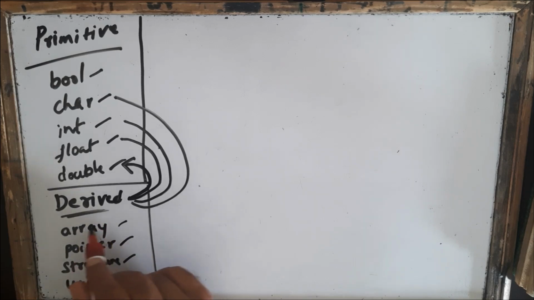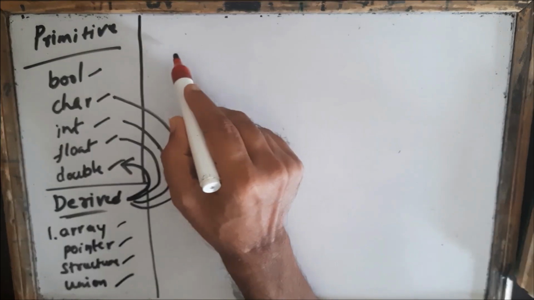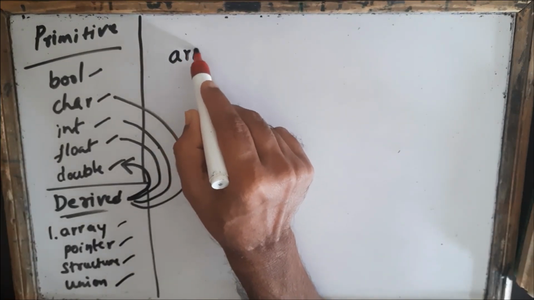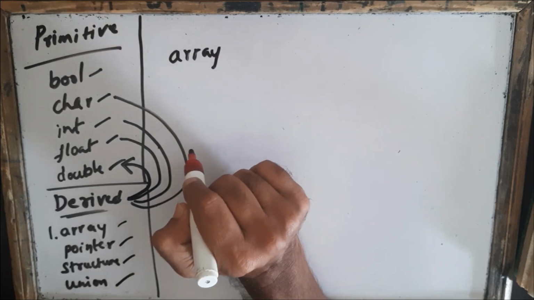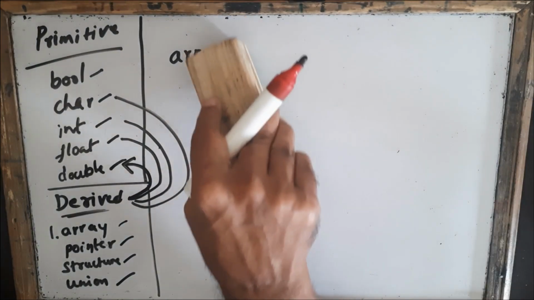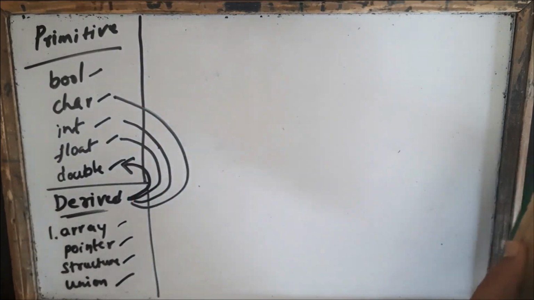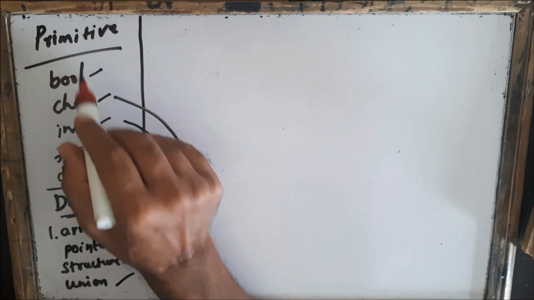Okay, let's take the first example, array. Before diving into the array, first understand how memory is allocated for the primitive.